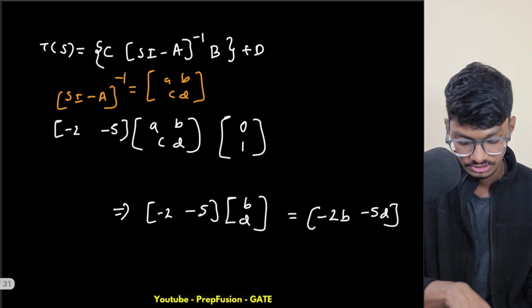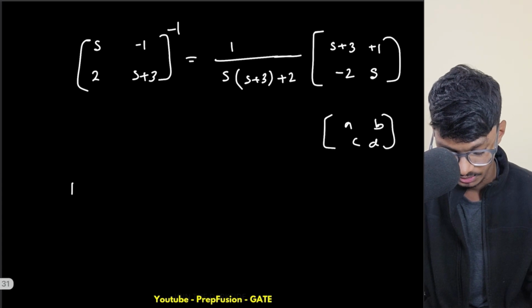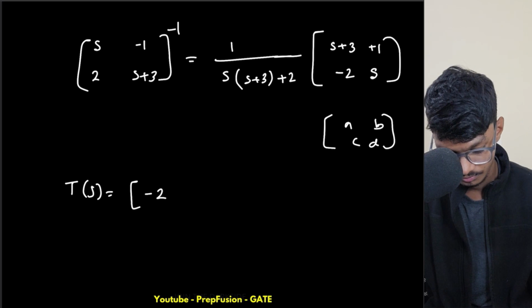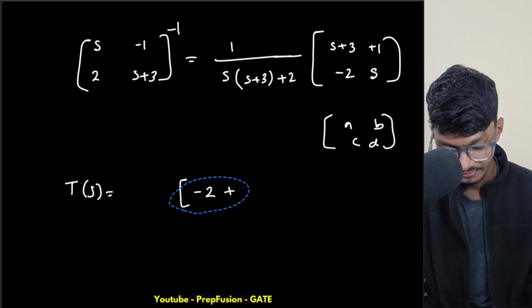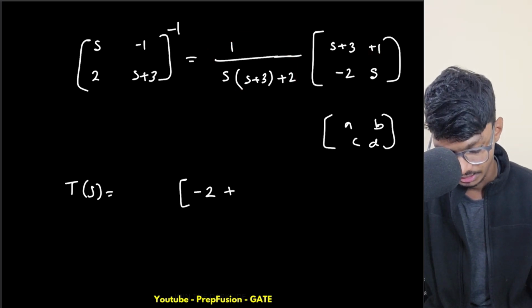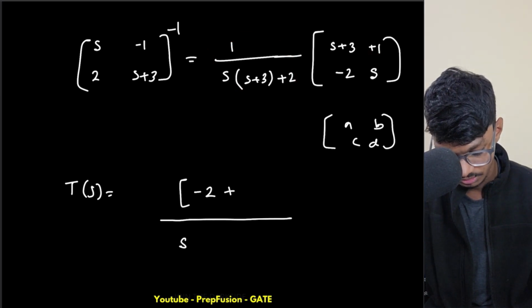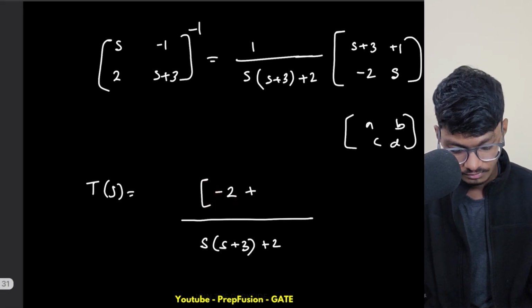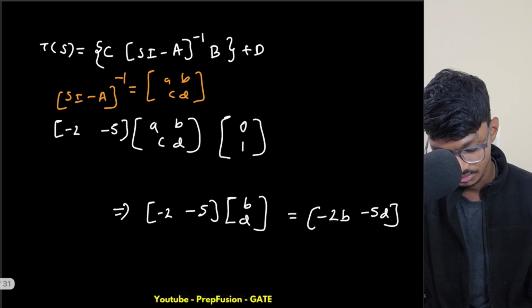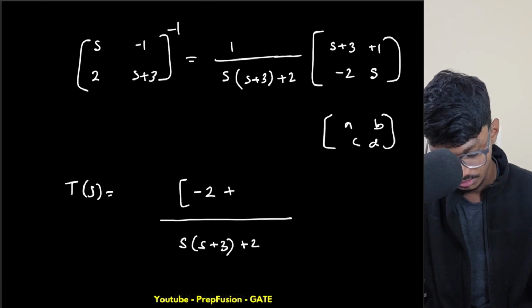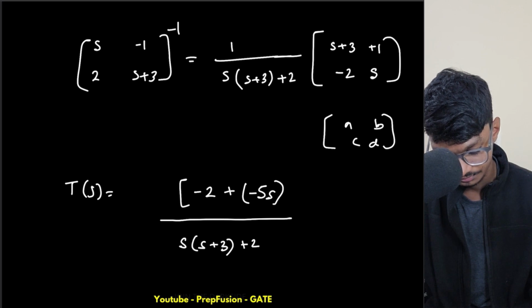The transfer function is minus 2B, so my T of S will be minus 2 plus, and don't forget this common term in front of everything, so I will write it in the denominator: S into S plus 3 plus 2. Now here I have minus 2, and D is S, which is minus 5D, so this will be minus 5S.